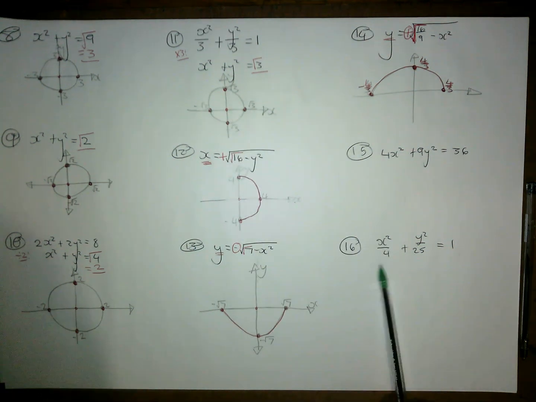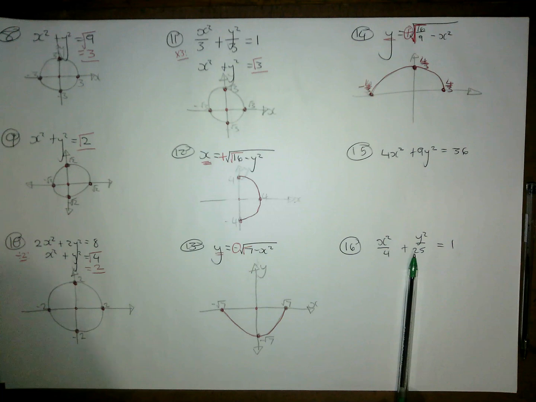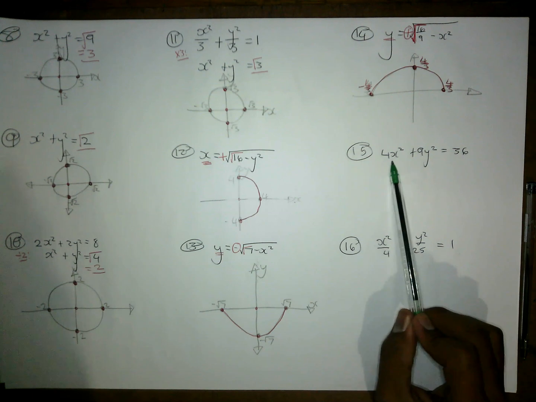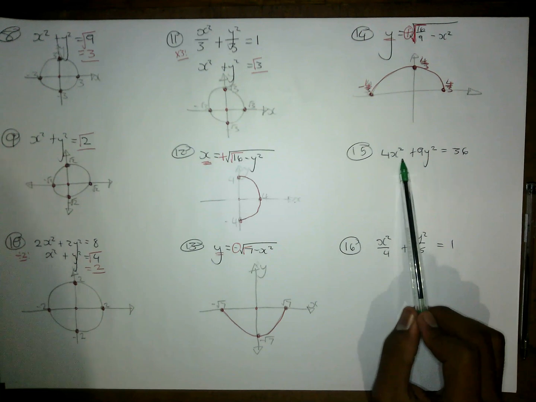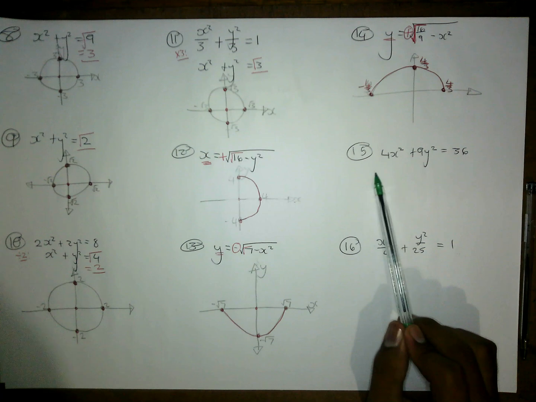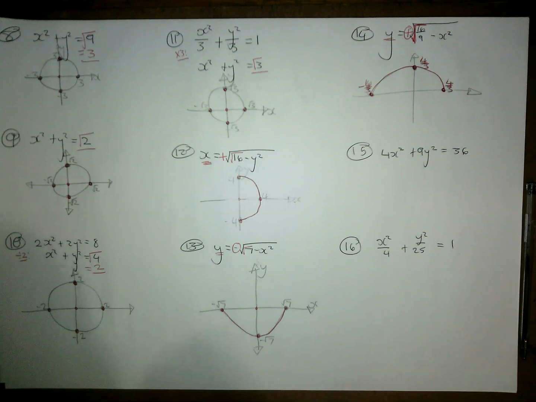But number 16, we can't do that no matter what we do to this thing. It will never give us x squared alone and y squared alone. Therefore, it is an ellipse. Same with number 15. No matter what we do, we'll never get x squared and y squared alone to make our standard formula of a circle. Therefore, it has to be an ellipse.